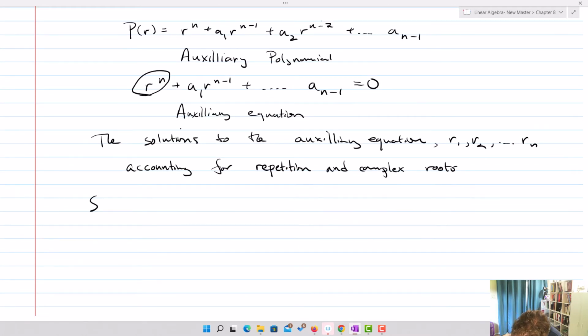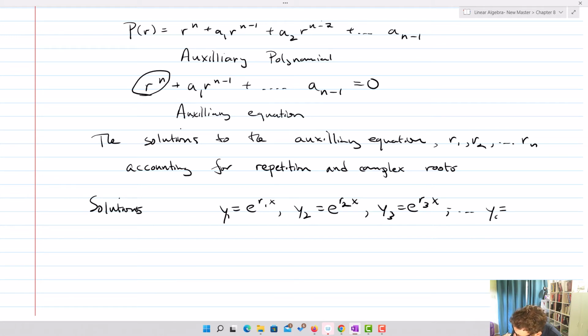And so our solutions will then end up being of the form y1 equals e to the r1x, y2 equals e to the r2x, y3 equals e to the r3x, dot, dot, dot, all the way down to yn equals e to the rnx. Okay? Now, there might be repeated roots, and we'll talk about them.